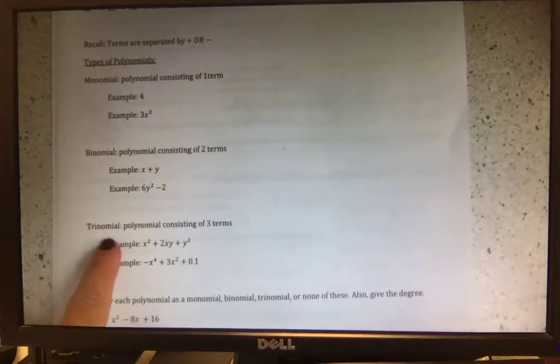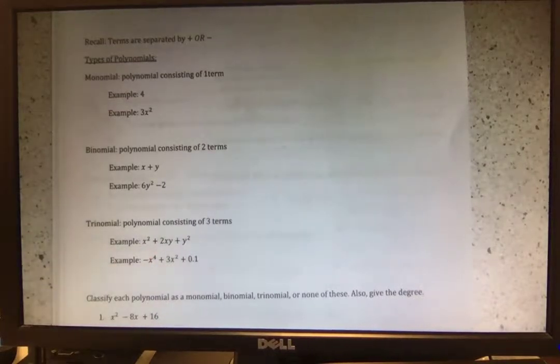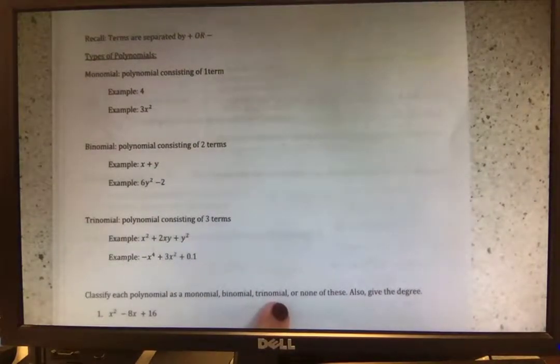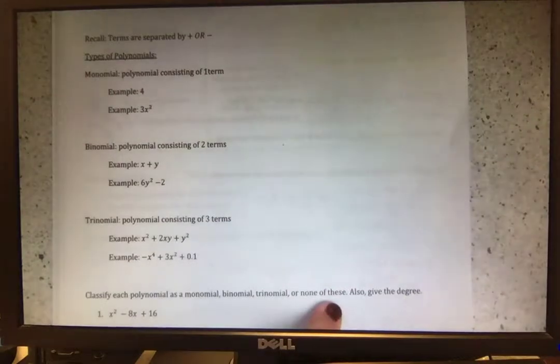Lastly, a trinomial, tri means 3, contains 3 terms. For example, x squared plus 2xy plus y squared, or negative x to the 4th plus 3x squared plus 0.1. So we're going to classify polynomials as monomials for one term, binomials for 2 terms, trinomials for 3 terms, or none of these if it has more than 3.